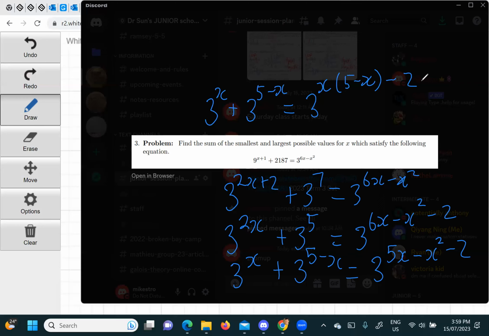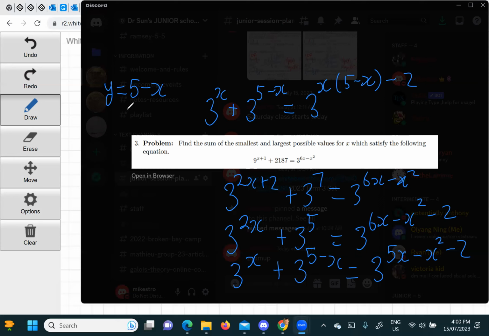So if x is a solution, then this is actually a true expression, yeah? But if x is a solution and y equals 5 minus x, can you see what would happen?